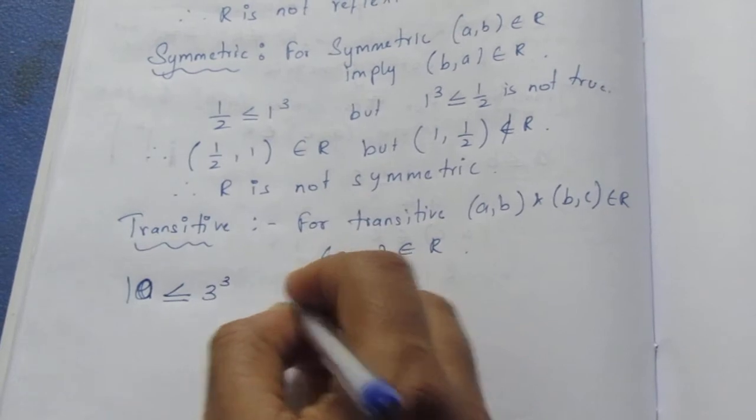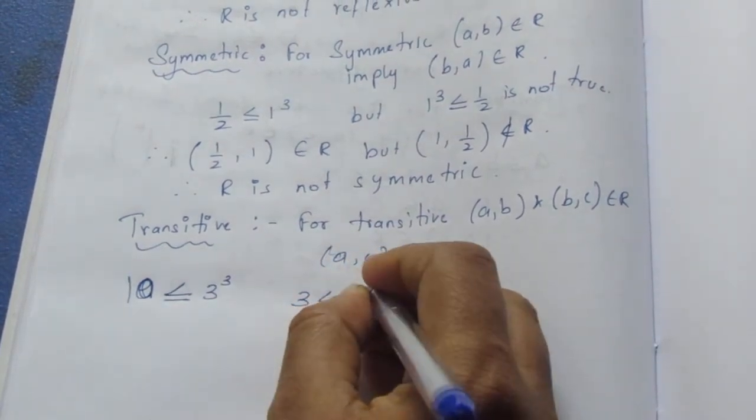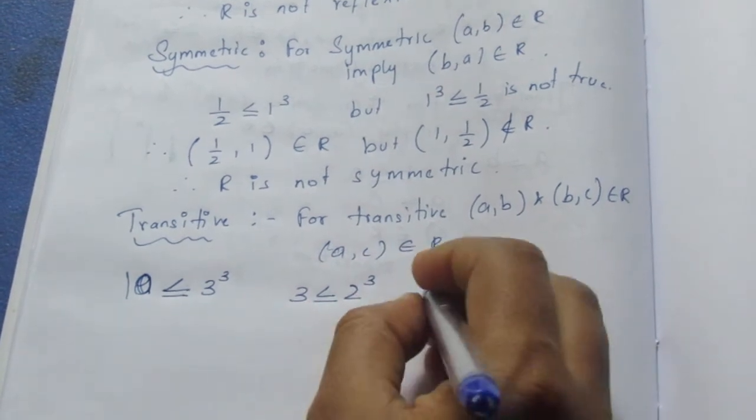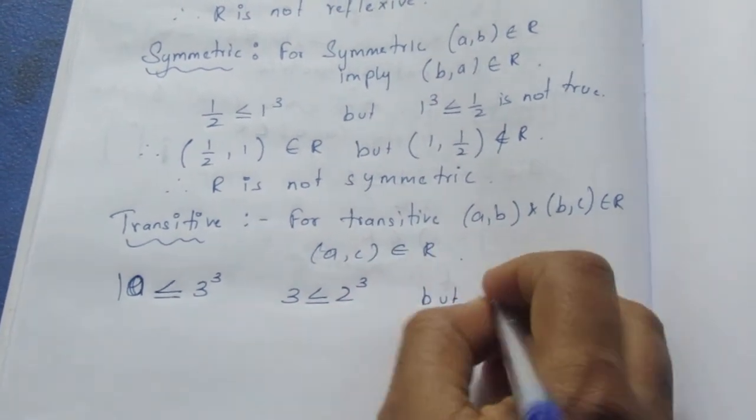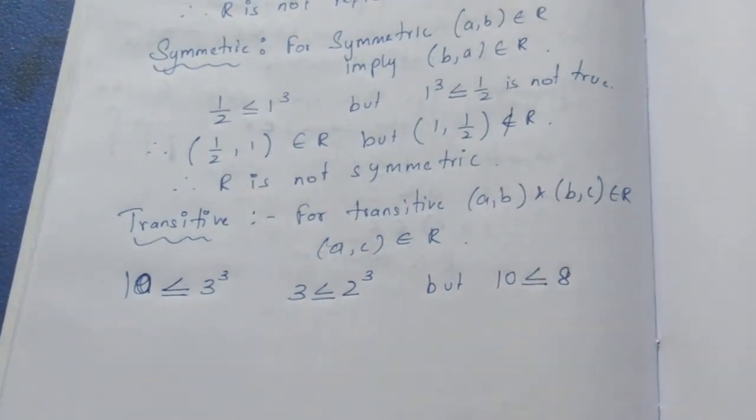Now 3 is less than or equal to 2 cube, but 10 is not less than or equal to 8.